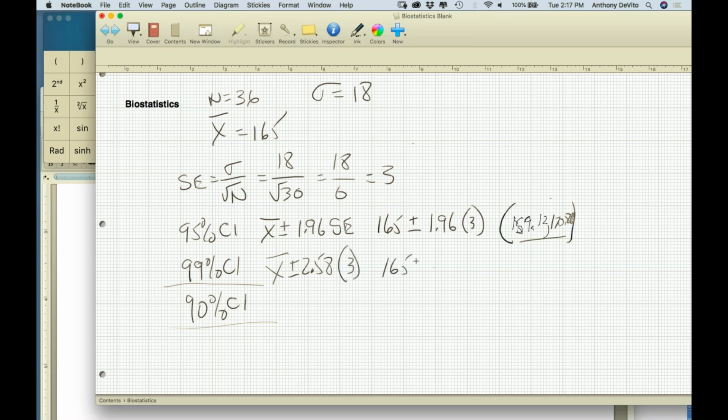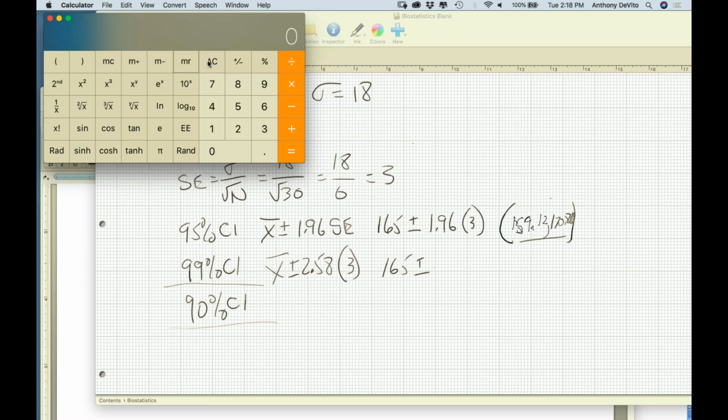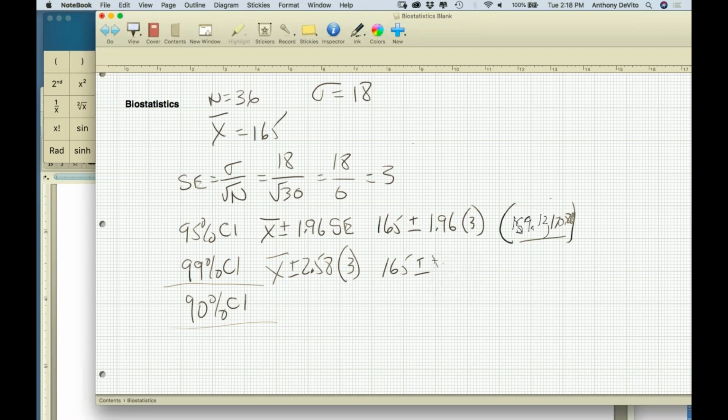So it's 165 plus or minus 2.58 times 3, which is equal to 7.74. Okay, remember this is called now our margin of error.